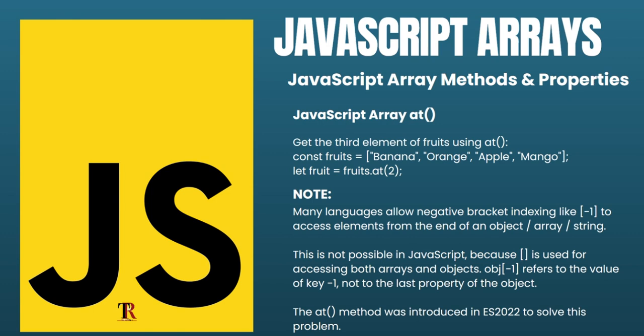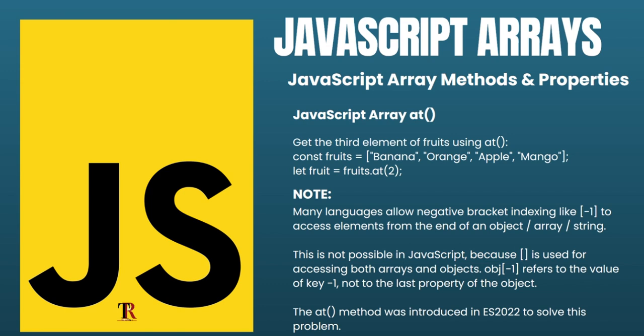This is the reason why it cannot be used in JavaScript. So the at method was introduced in ES2022 to solve this problem. The at method helps us to access elements using the relative index, as against the negative index that many other languages support but JavaScript does not. So this is why the at method was introduced.